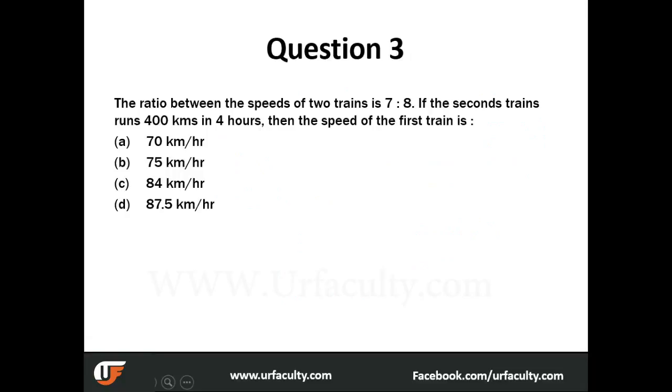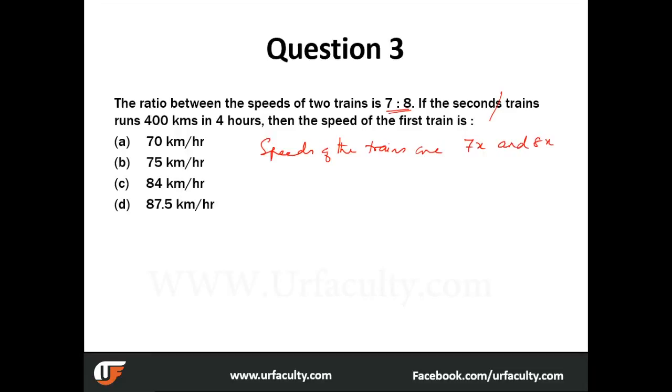The ratio between the speeds of two trains is 7:8. If the second train runs 400 kilometers in 4 hours, then the speed of the first train is? As I have explained in our earlier videos on ratio and proportion, the moment you are given a question like this, we need to first assume that the speeds of the trains are 7x and 8x.